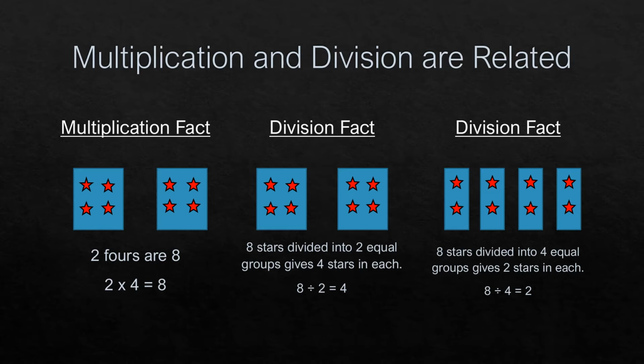Means 8 stars divided into 4 equal groups gives 2 stars in each. 8 divided by 4 is equal to 2.